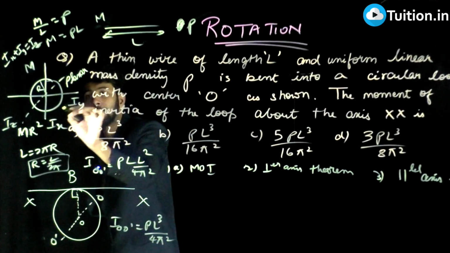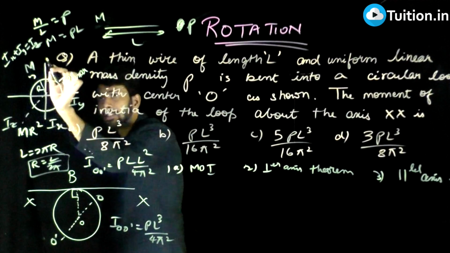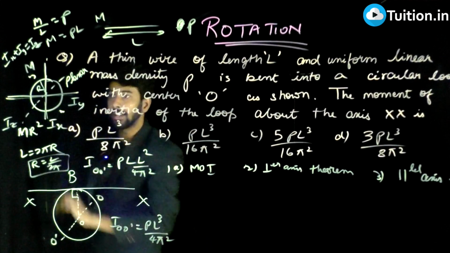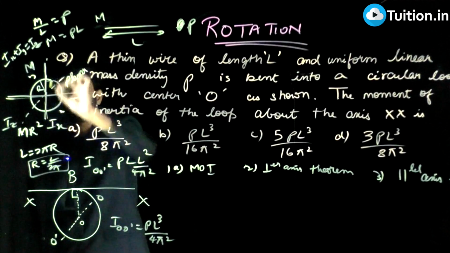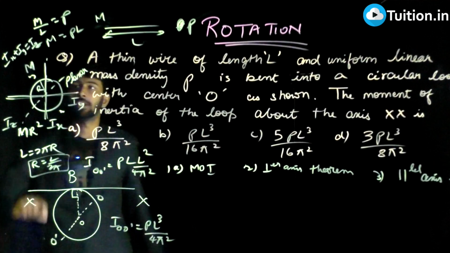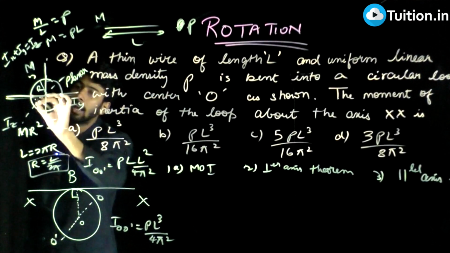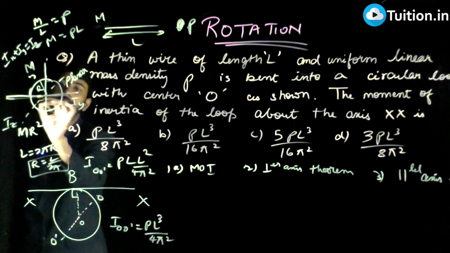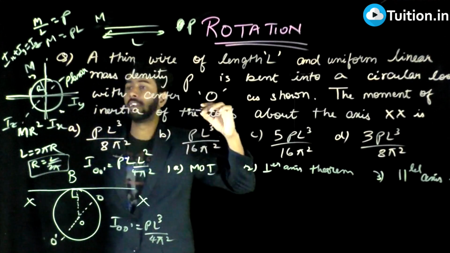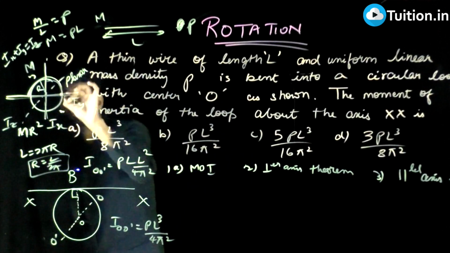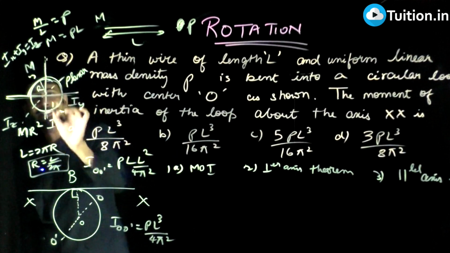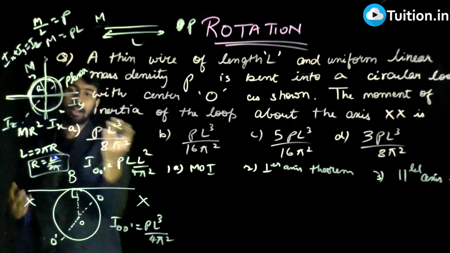Let the body be in the xy plane. This is your Ix, this is your Iy, and their sum will be equal to Iz, which is perpendicular. Now you can see that about both of these axes, mass is distributed symmetrically. If you look at axis Iy, there are two loops around it, and for Ix, there are two loops having the same radius.